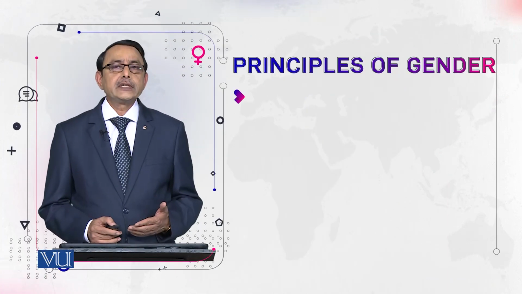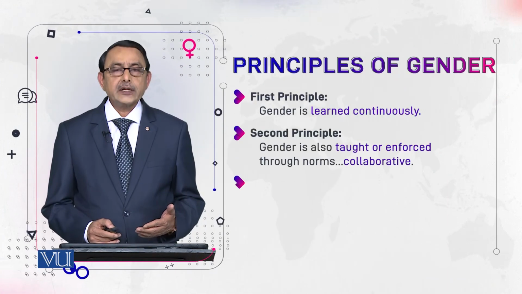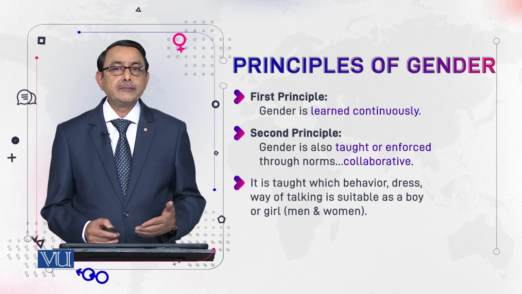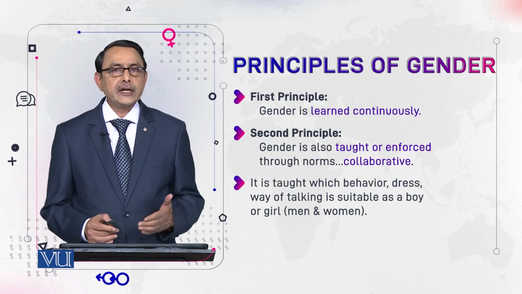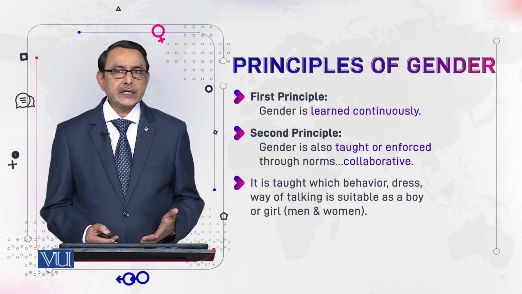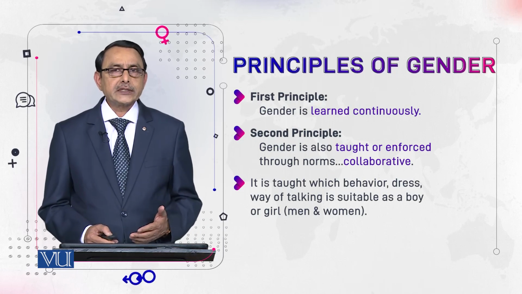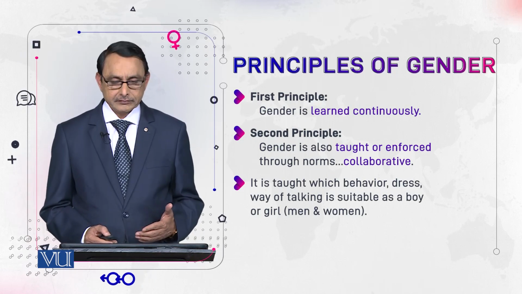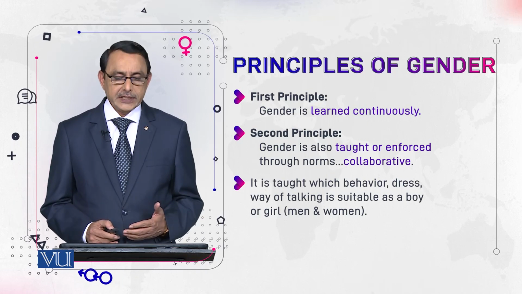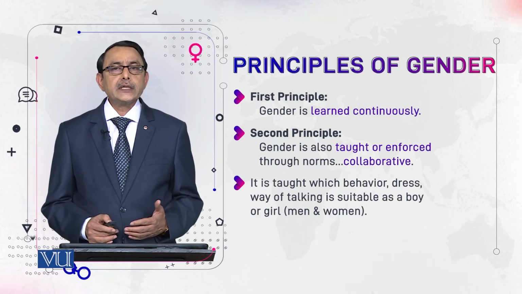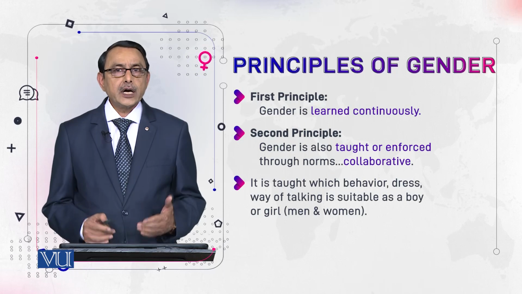The first principle is that gender is learned. It is something learned directly or indirectly, and this learning process is continuous. The second principle is that gender is sometimes taught.